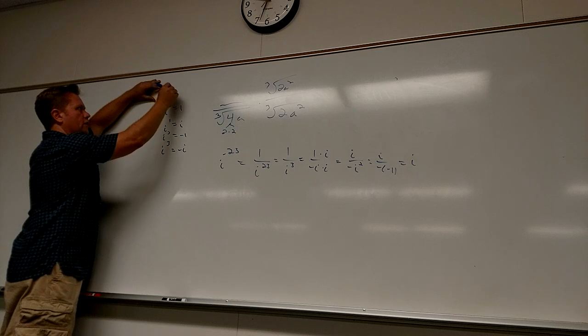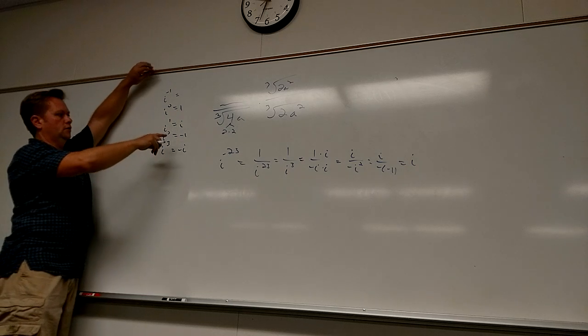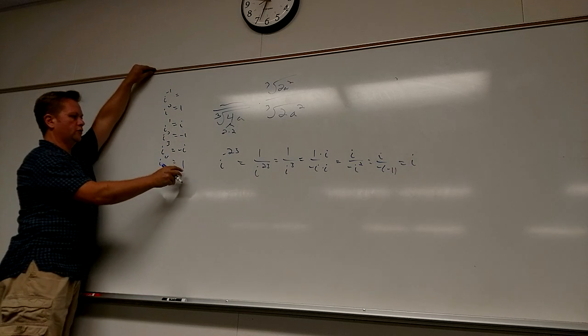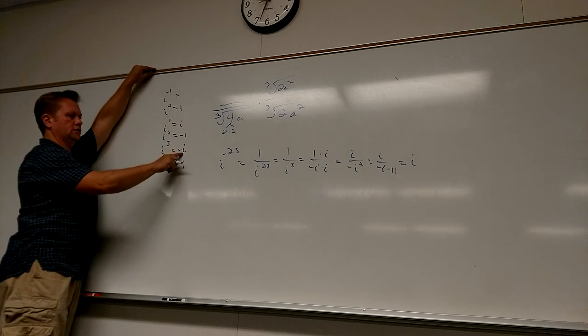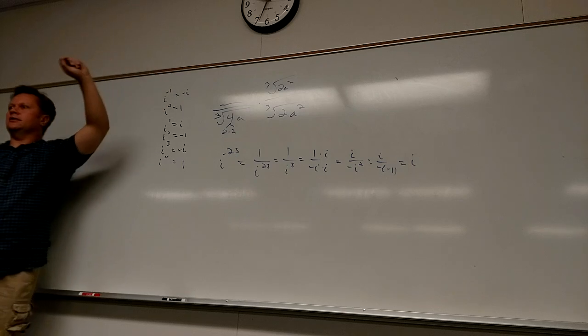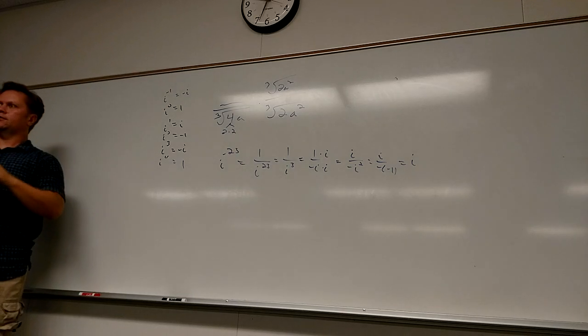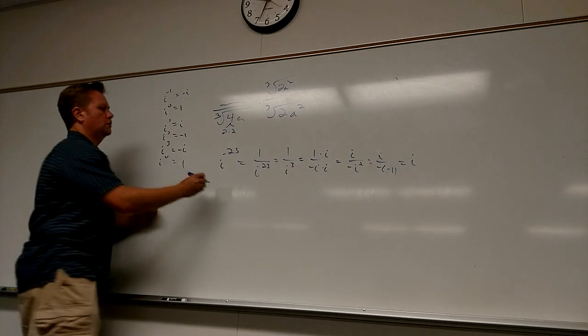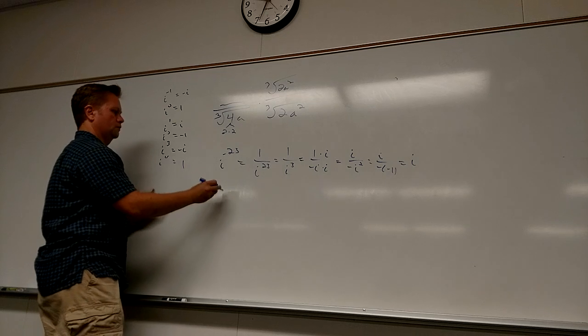What must I to the negative 1 be? So we go here. I to the fourth is 1, right? So if I go back from 1, I should get to negative I. So I to the negative 1 is negative I. So I can break this up as I to the negative 1, to the 23rd.